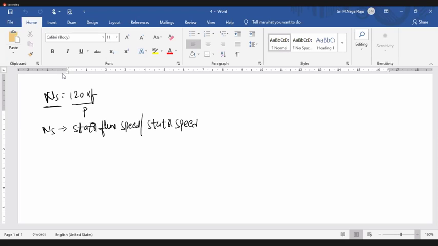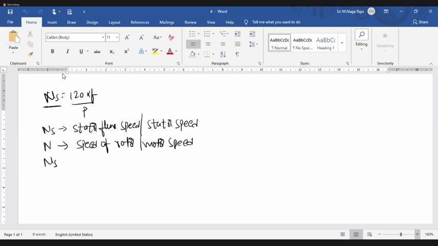What is N? Rotor speed. Yes, N is the speed of rotor, or in general we can call it as motor speed.